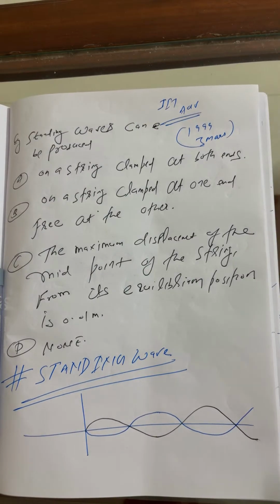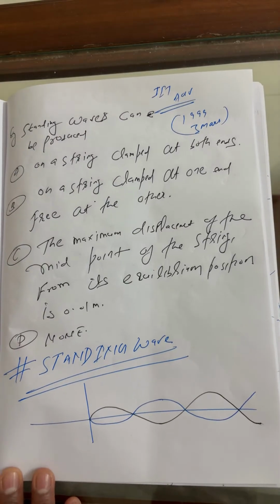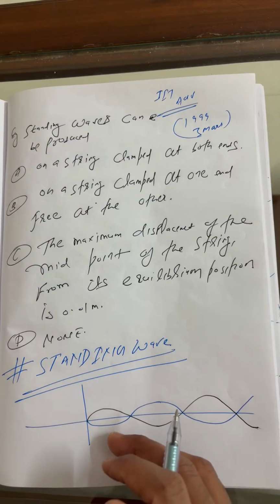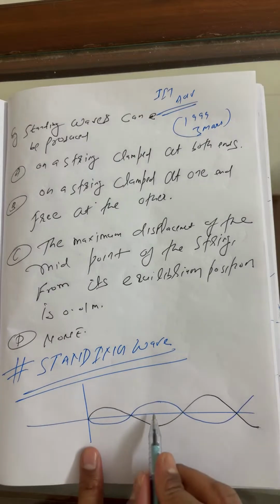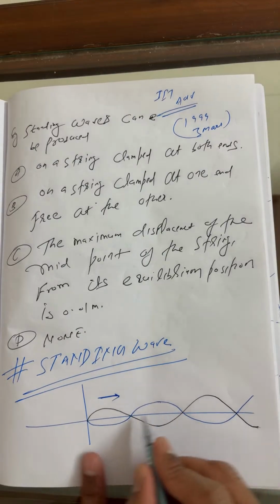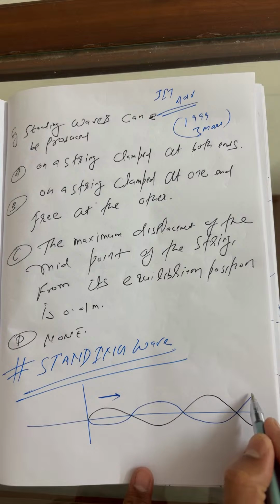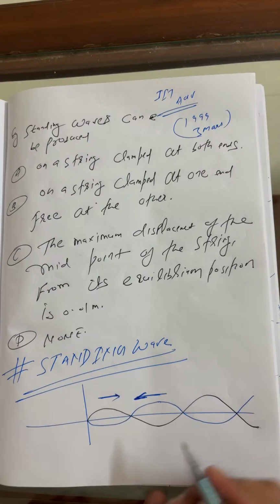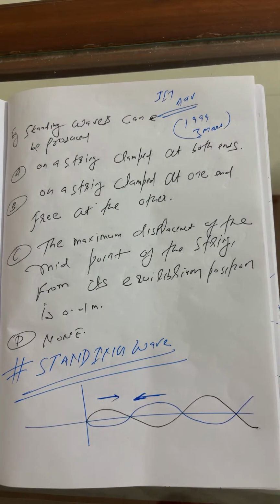So this is what you can see as a standing wave. Standing waves are produced by two identical waves superimposing while traveling in opposite directions. If they are superimposing each other, that is a standing wave.